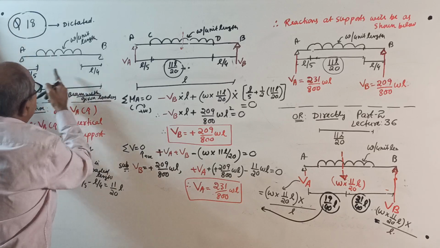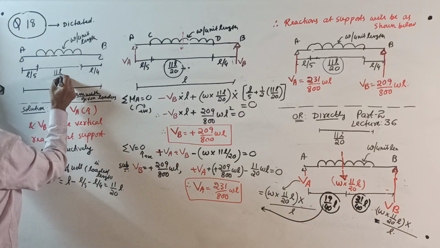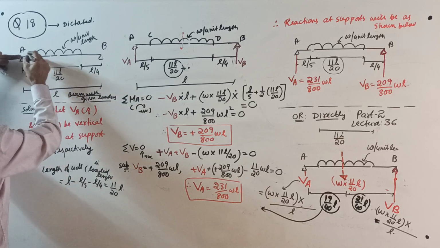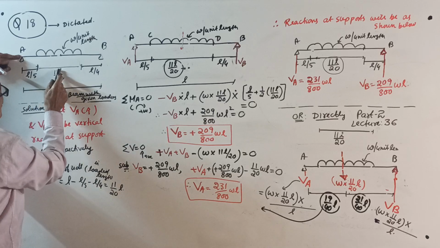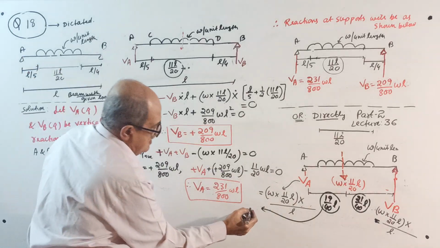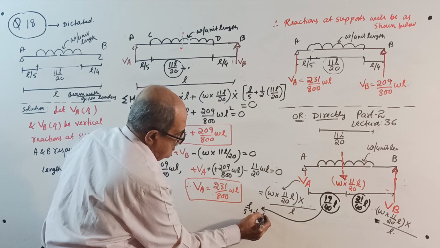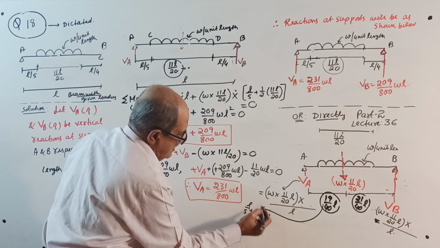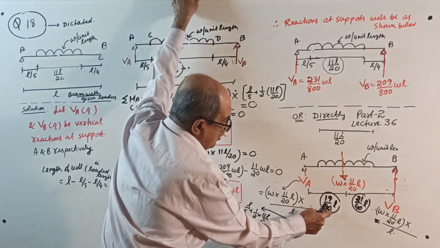See, correctly now, how I got this distance, I will tell here. If this is L by 5, L by 4, and the loaded length is 11L by 20, now from here to the center of UDL is L by 5 plus half of 11L by 20, which gives you 19 by 40L.